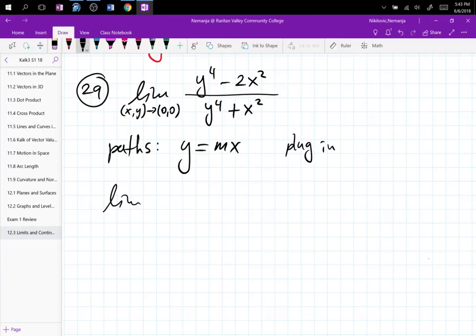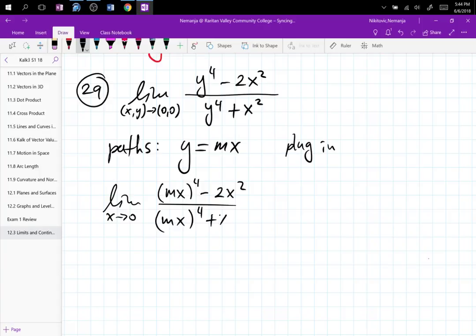So now limit as x goes to 0 of y to the 4th, which is now mx everything to the 4th, minus 2x squared stays as is, divided by mx to the 4th plus x squared. Now we are going to solve this limit. We can first apply the 4th power.